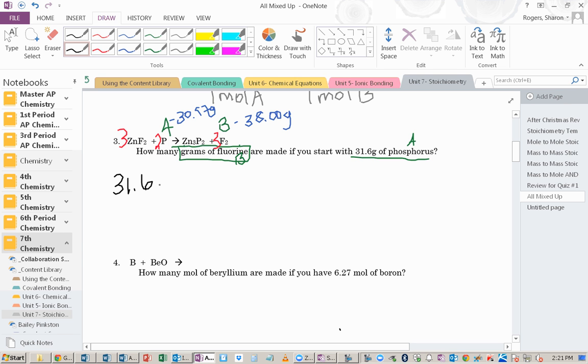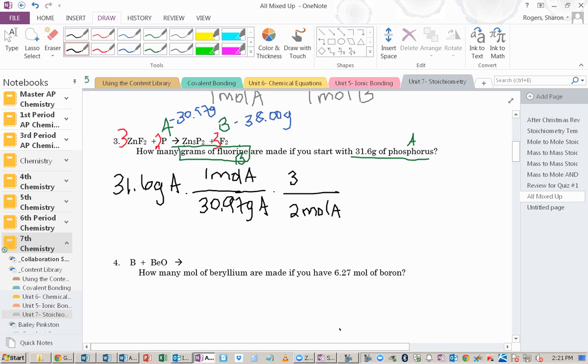So 31.6 grams of A. If I convert grams of A to moles of A, 30.97 grams of A is equal to 1 mole. And then 2 moles of A is equal to 3 moles of B. For every 1 mole of B, it's equal to the mass, 38.00 grams.